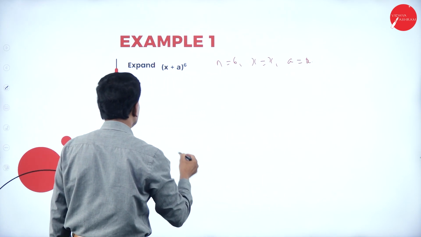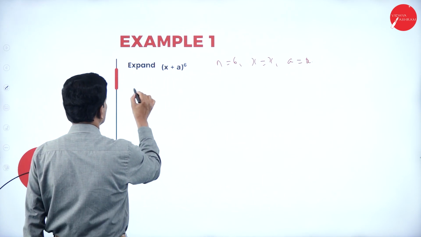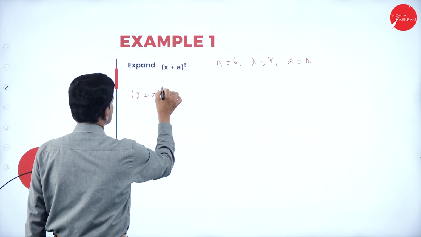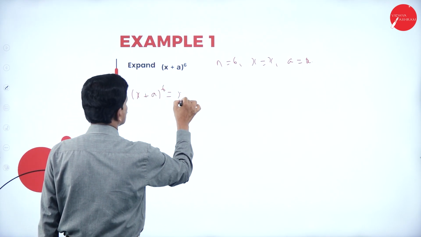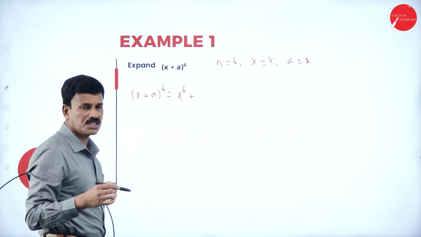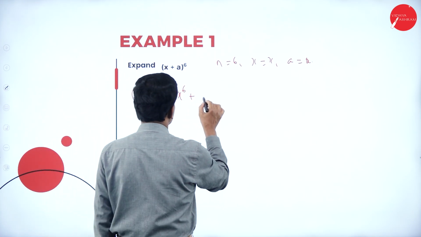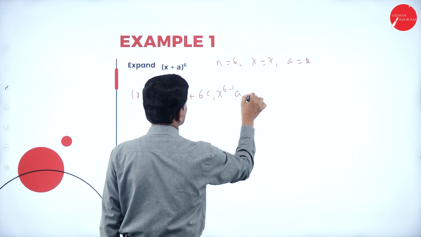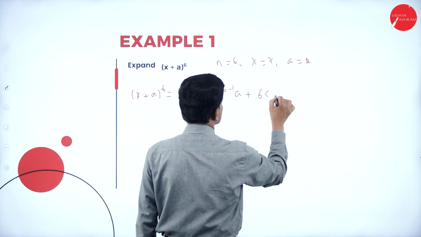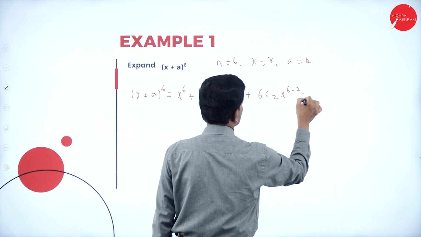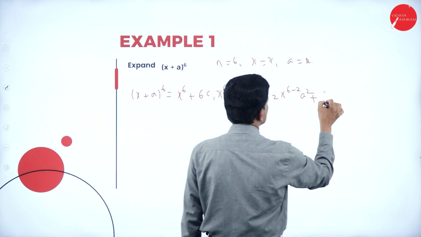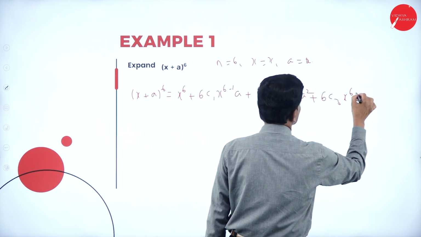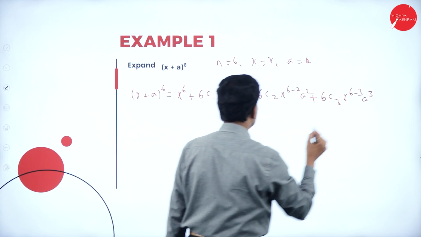Now according to the binomial theorem, (x plus a) to the power of 6 can be written as x to the power of 6, because 6C0 is 1, plus 6C1 x to the power of 6 minus 1 into a. Next 6C2 x to the power of 6 minus 2 into a square, 6C3 x to the power of 6 minus 3 into a cube.